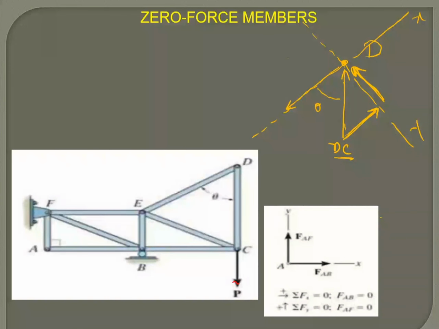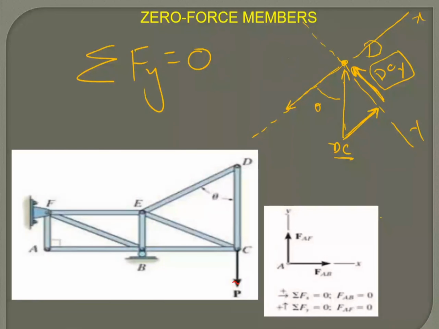Now, I want you to do the sum of all the forces along y direction equal to 0. So what will be the answer of this DC, which is the y component? What is the value of DCY? This one. 0, sir.